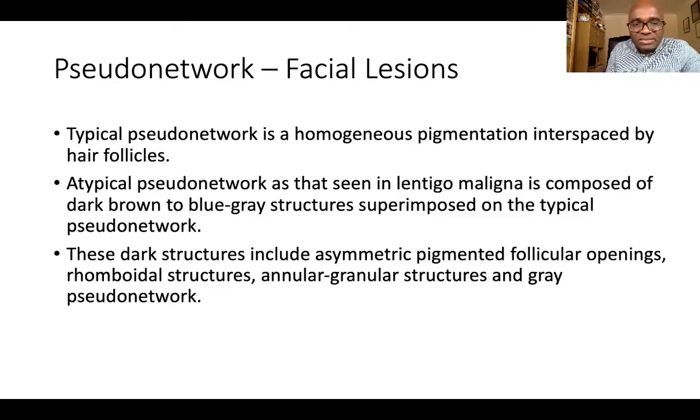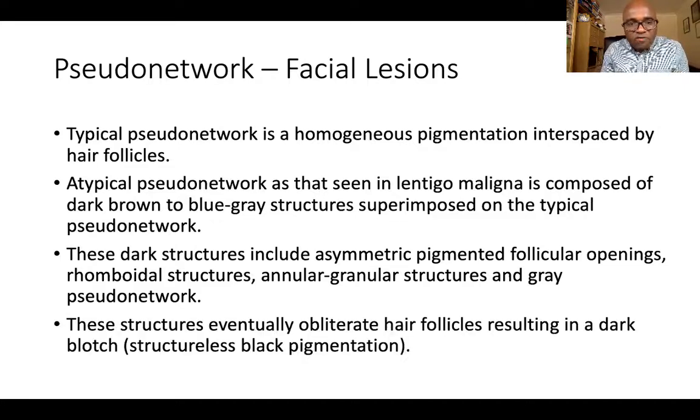Where these dark brown structures include asymmetrical pigmented follicular openings, you get what we call rhomboid structures with annular granular structures and gray pseudo network, which make you suspicious of lentigo maligna melanoma. These structures eventually obliterate hair follicles, resulting in dark blotches and structureless black pigmentation.